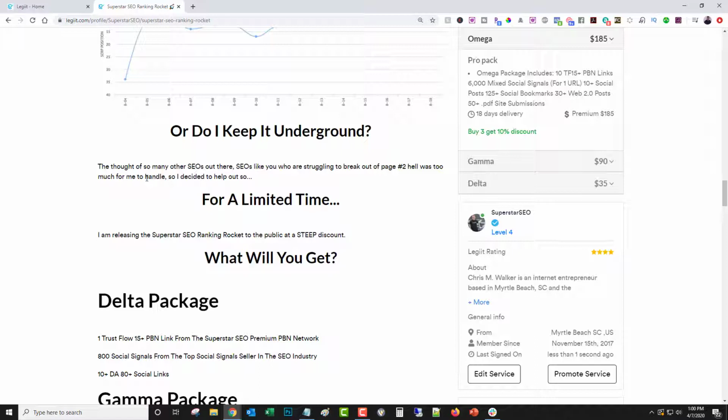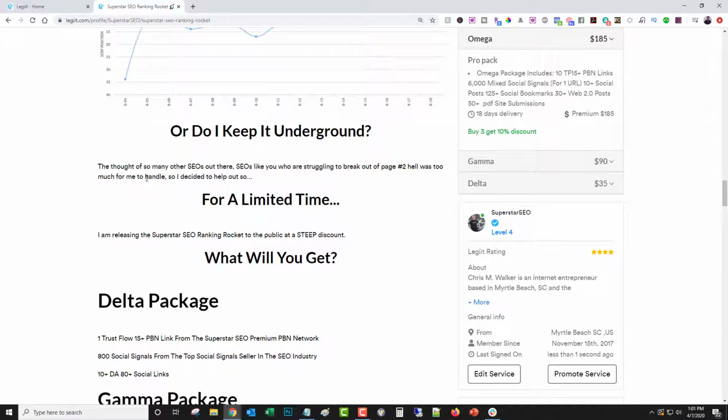So, don't be fake, if it's not really for a limited time, don't say that it's a limited time, but come up with a way to make scarcity, like the price is going to go up, or the service is going to be taken away, or I have only a few spots, something like that. I'm releasing the Superstar SEO ranking rocket to the public with a steep discount. That one's pretty self-explanatory. People love a discount.